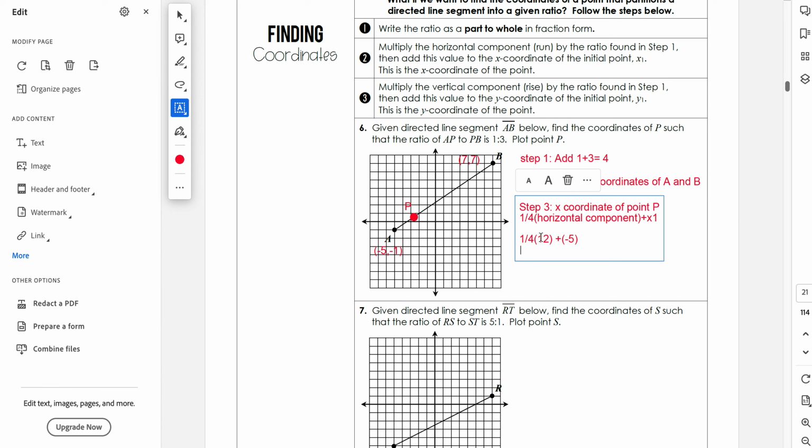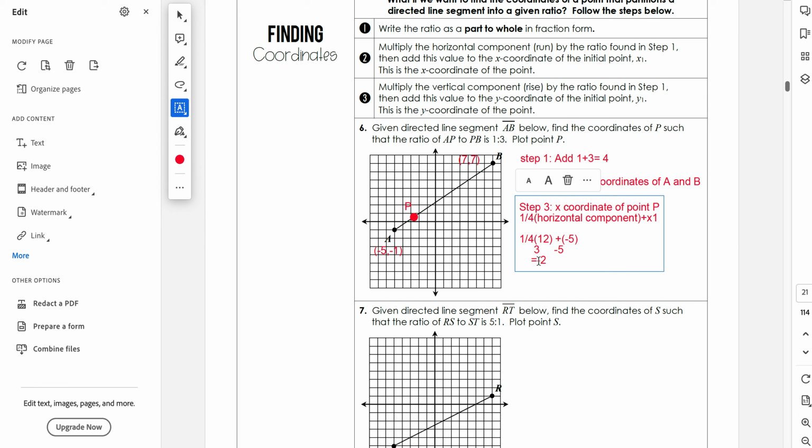And so then 1/4 of 12 we know is 3, and then -5 over here, and so then that is equal to -2.